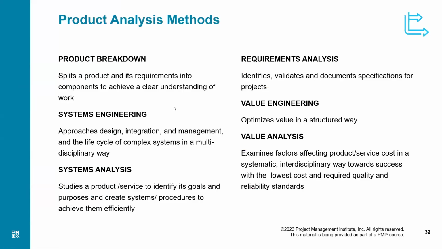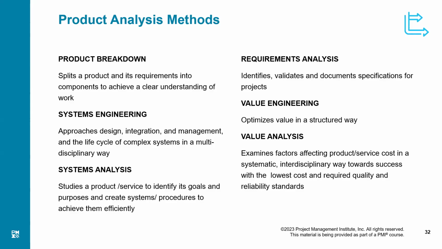Now, the next slide is about product analysis methods. When you are trying to analyze the product, these are some of the methods you use. First of all, I'll talk about the work breakdown, but let us first talk about the product breakdown. For example, you have to build a car, then you say what are the parts of the car, what are the various systems in the car, how do they interact with each other.